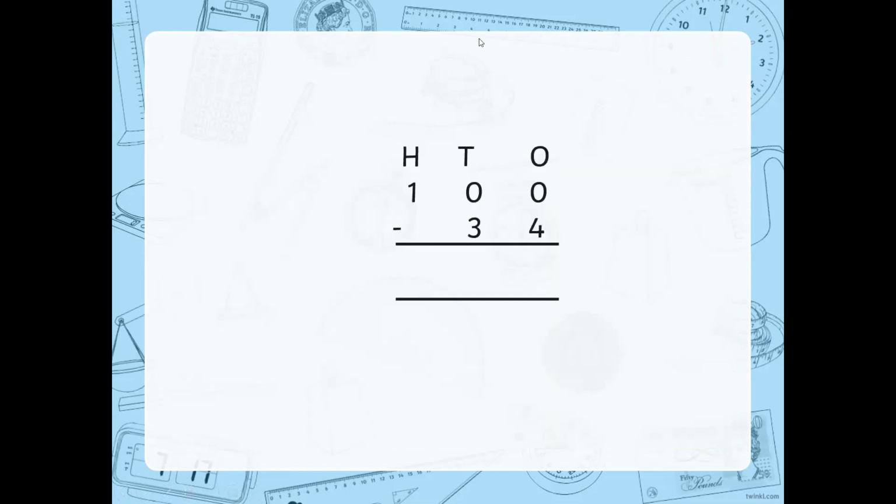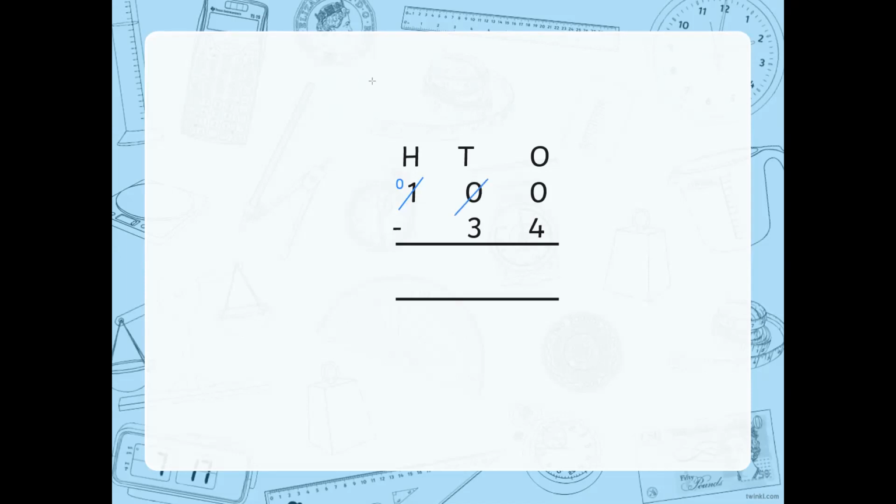Again, we can do it column subtraction. 0 take away 4 I can't do again, so I need to exchange. I've no tens to exchange, so I need to exchange this 100. So I don't have 100 anymore. I need to exchange it for 9 tens and 10 ones.